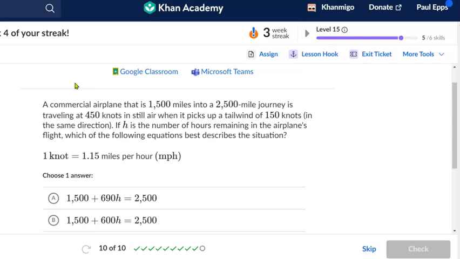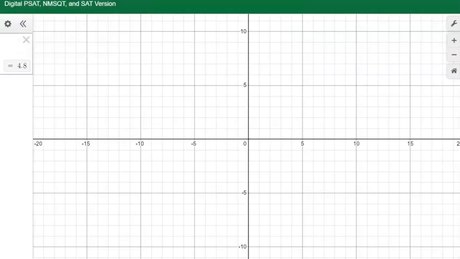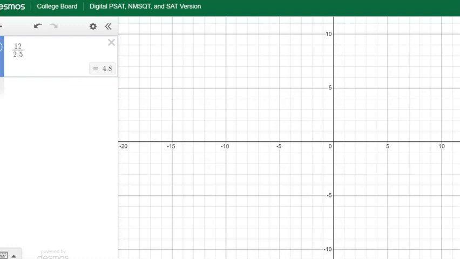All right, so they gave us the formula there. It's 1.15, so it's 600 times 1.15, which is 690.